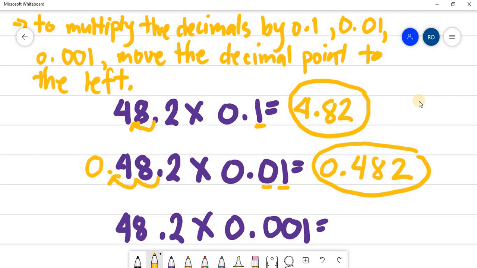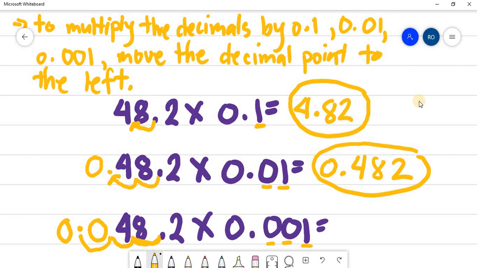48.2, or 48 and 2 tenths, times 0.001. Okay, here we have 3 decimal places. So we're going to move the decimal point to the left thrice, or 3 times. Let's have 1, 2, and 3, meaning we have to add 0 here, and the decimal point is here, and another 0.